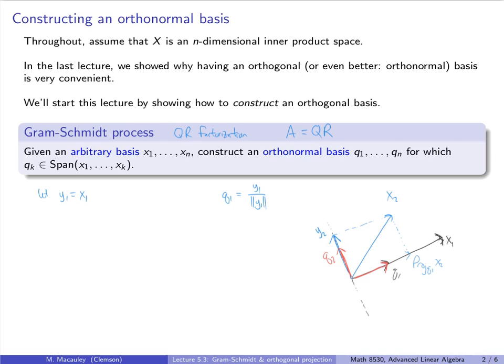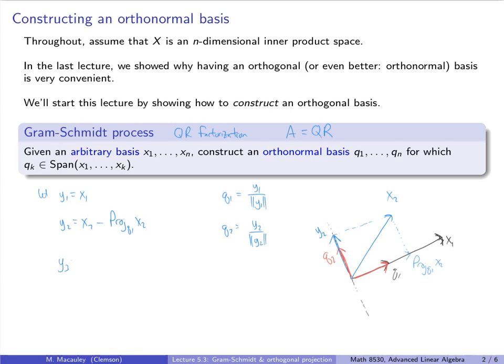So let's write that down. I'm going to let y2 be equal to x2 minus the projection of x2 onto q1. And then q2 is y2 normalized, and so forth.